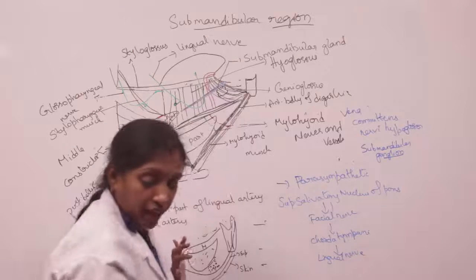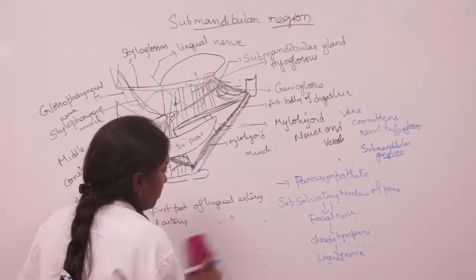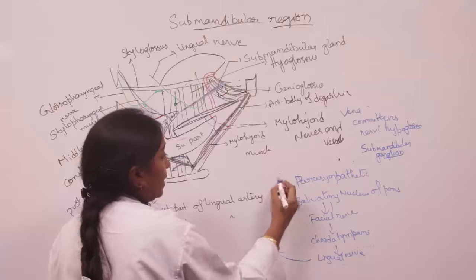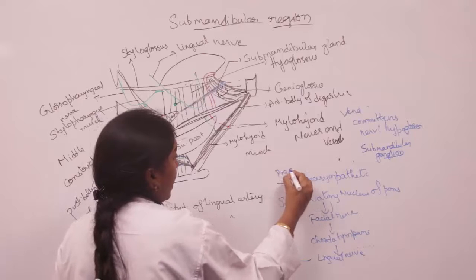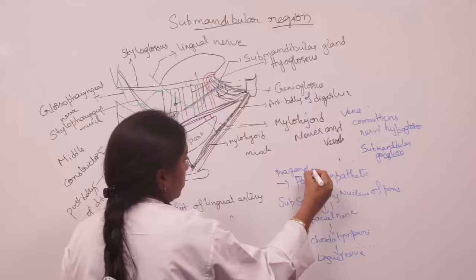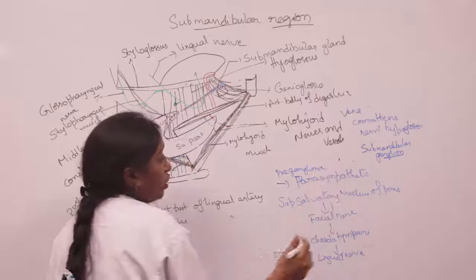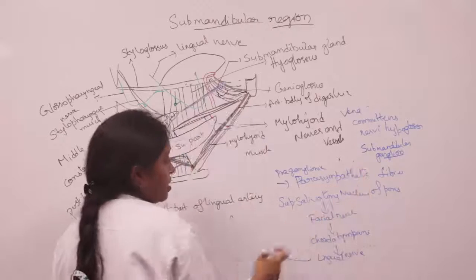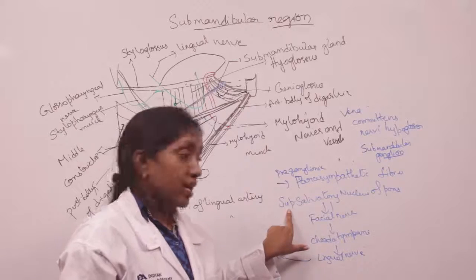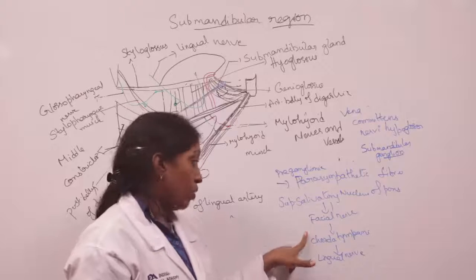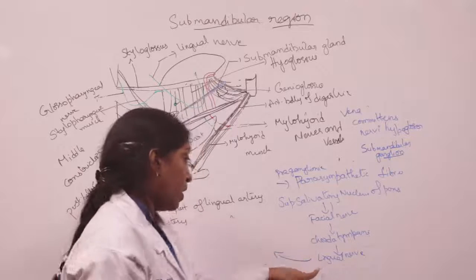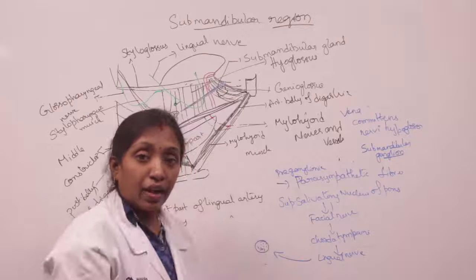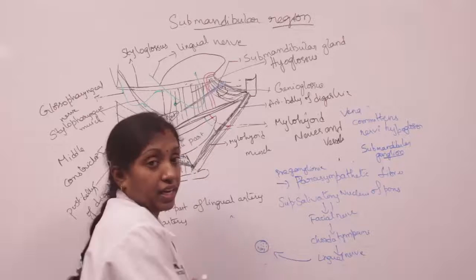Through the lingual nerve, the preganglionic parasympathetic fibers, starting from the superior salivary nucleus of the pons, through the facial nerve, chorda tympani nerve and lingual nerve, relay in the ganglion.